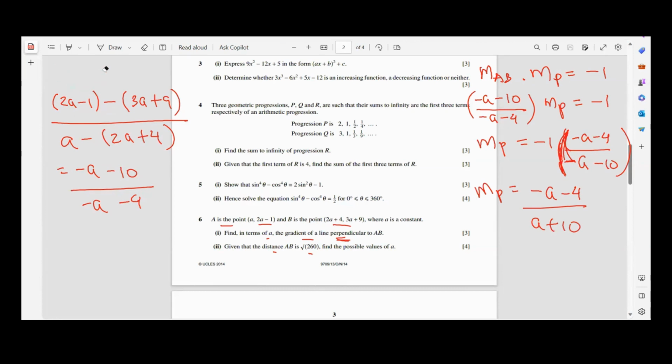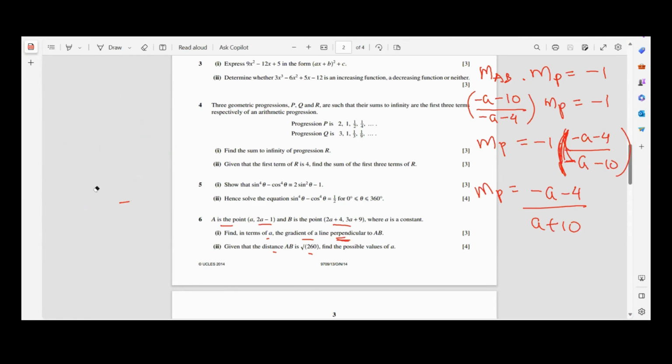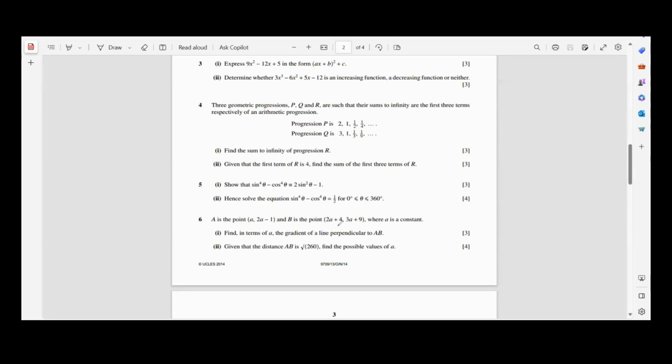So we use the distance formula for AB. The distance AB is square root 260, so square root 260 equals the square root of x minus this, so it is a minus 2a minus 4, squared, plus 2a minus 1, and this we minus with this, so minus 3a minus 9, squared.